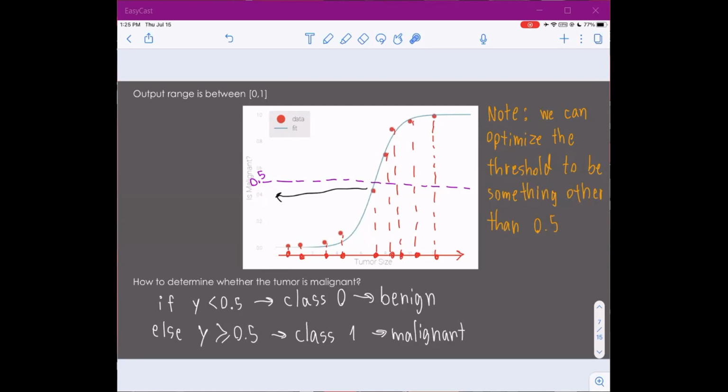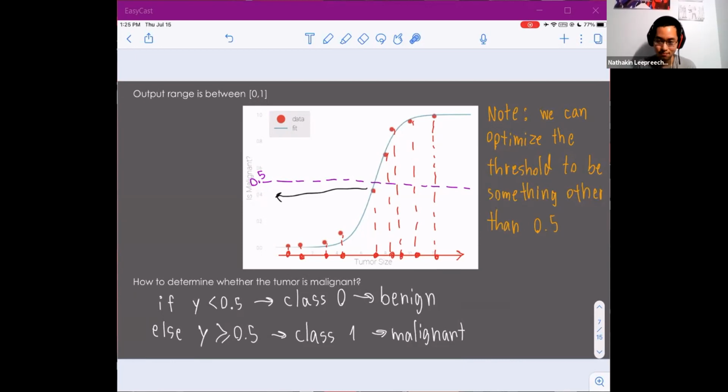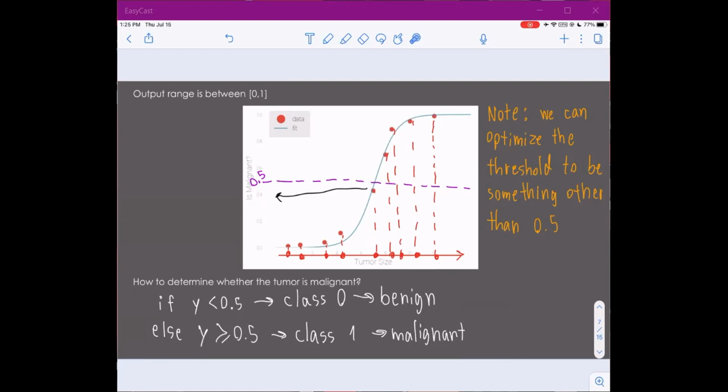In this case it would be 0.5, but in another case we can set it at 0.7 or something, depending on what would actually be considered malignant or benign.